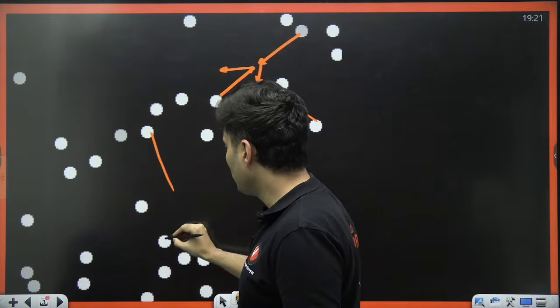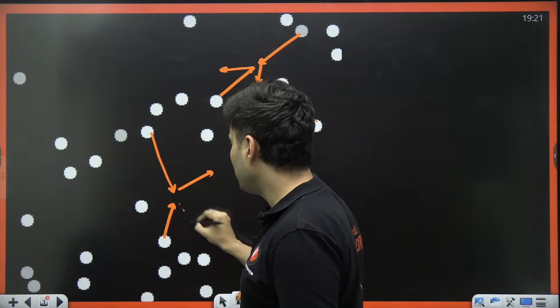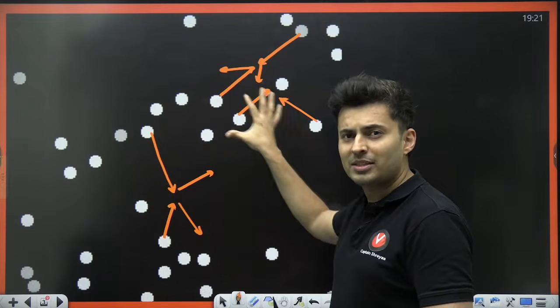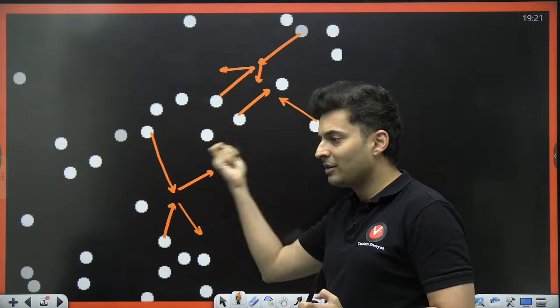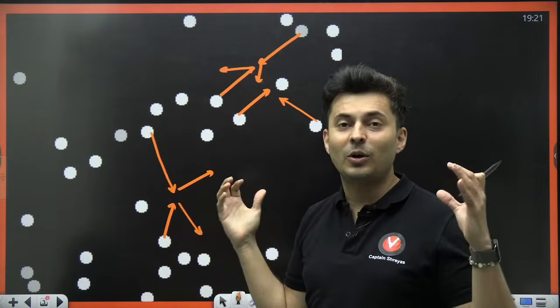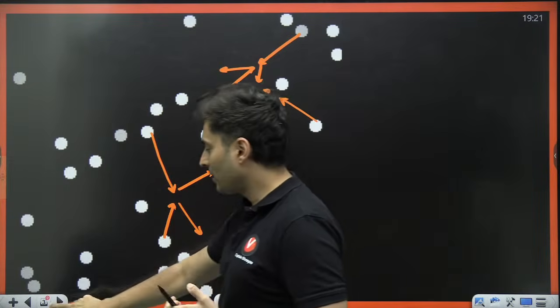After the collision they might even change direction. Most of the space is empty. These are teeny mini particles in random motion in all the directions, at all possible speeds. So that's what gas is, right?